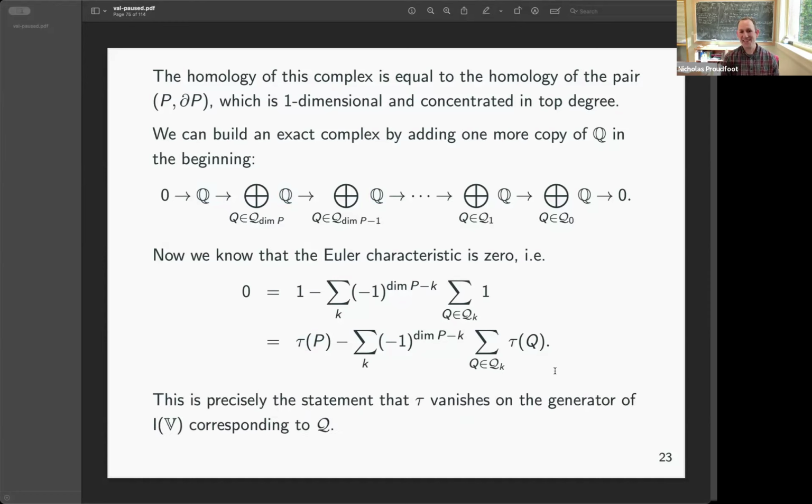So that's exactly the statement that tau vanishes on the generator of I of V corresponding to Q. Right, so this is maybe an unnecessarily highfalutin proof that the trivial invariant is a valuative invariant, is a valuation. But maybe it really helps you understand what's going on, why it should be a valuation.